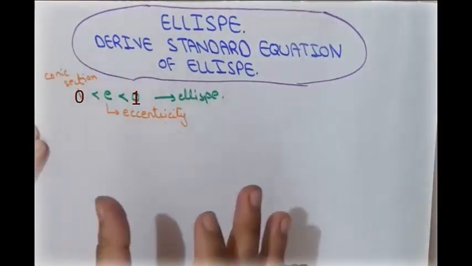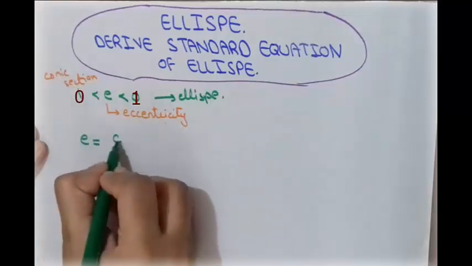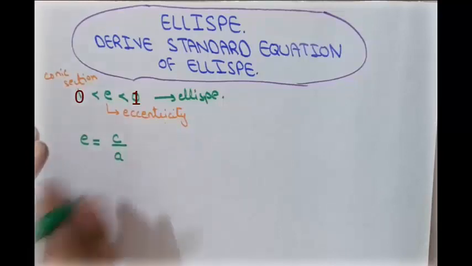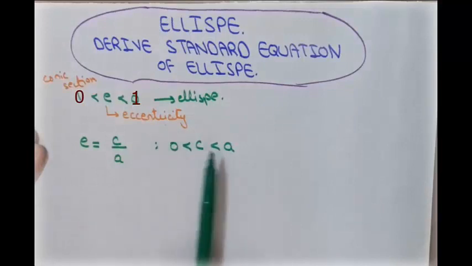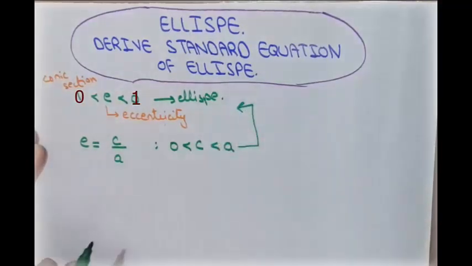The eccentricity is E, which equals C over A, which is very important. Basically this describes the conic section, which conic section exists: a circle, parabola, ellipse or a hyperbola. Here C lies between 0 and A, and E in that case is for an ellipse.